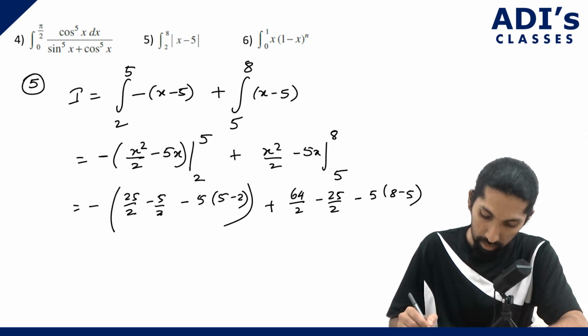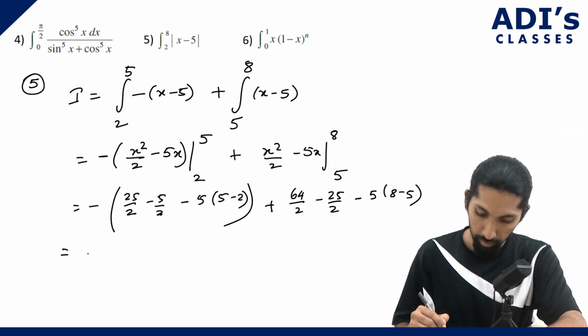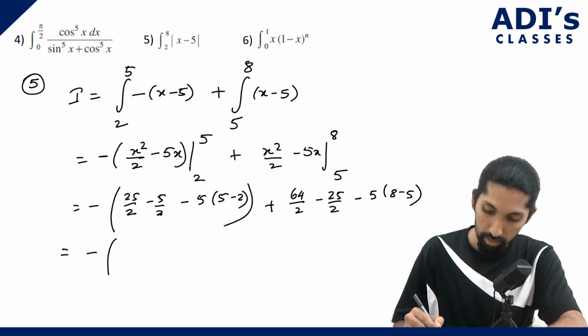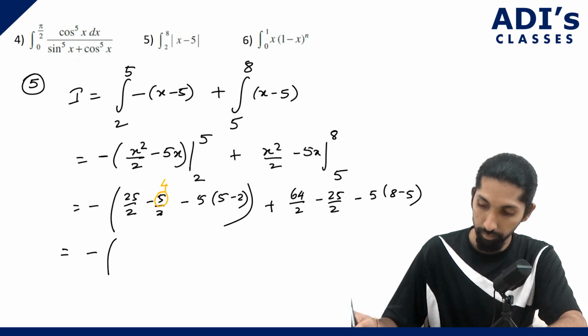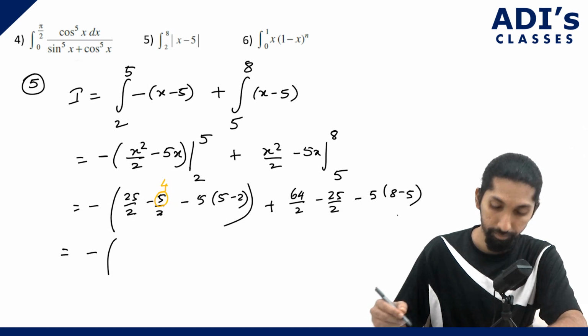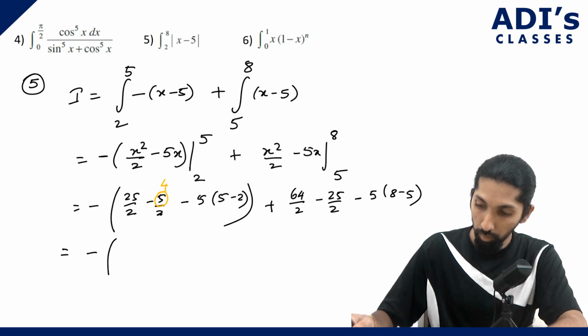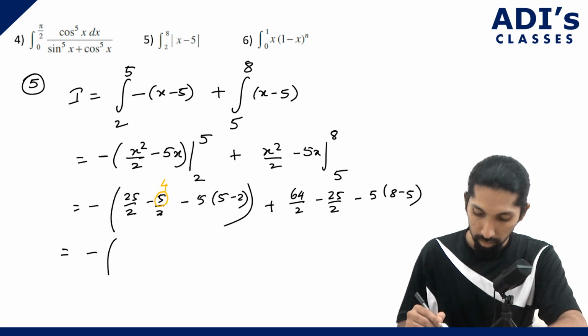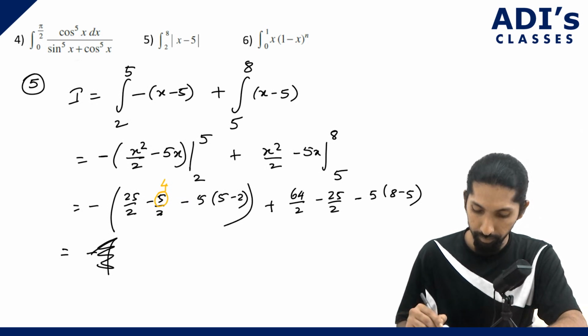So in this case, what you're going to get is minus of, so guys, there is a small change here. This is not 5, this is supposed to be 4. Okay, 2 square is 4. Now what do we do? So we are going to take, so guys, multiply the minus sign.